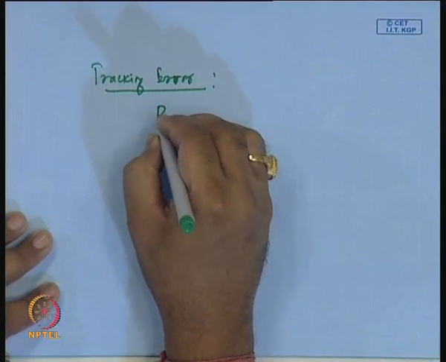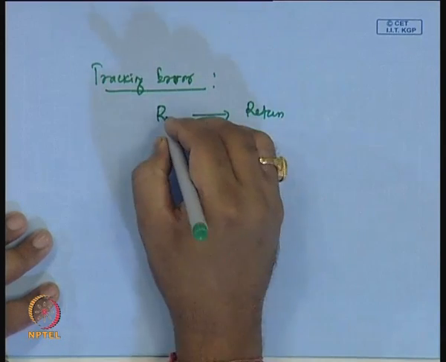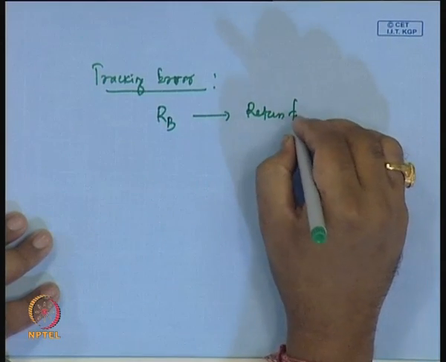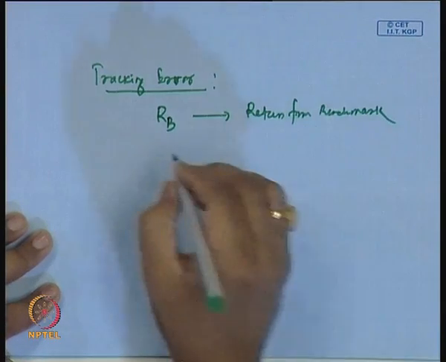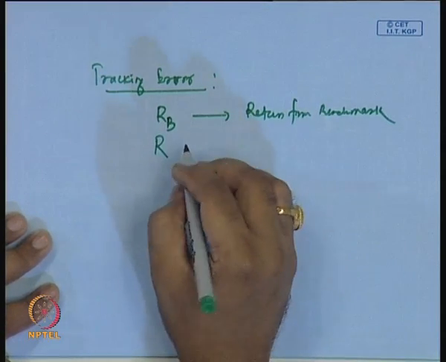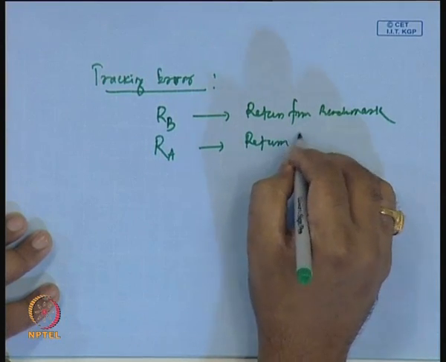Let RB be the return from the benchmark index, and let RA be the return from your actual index.